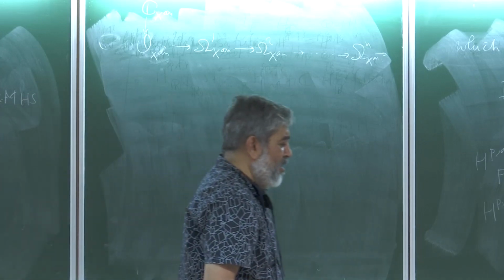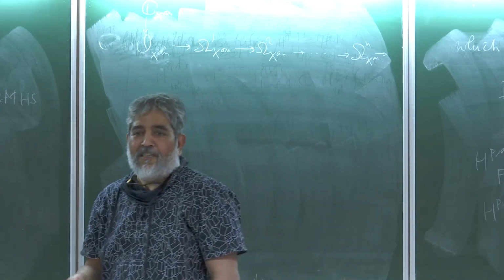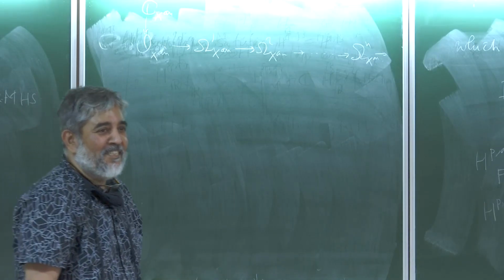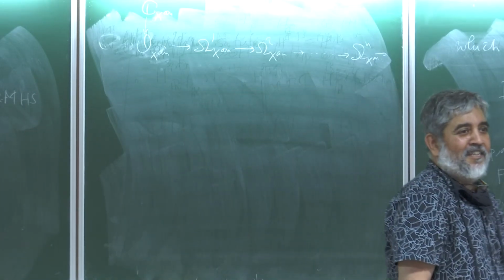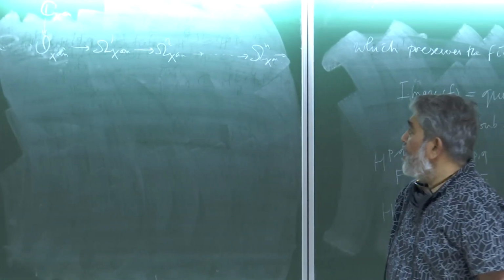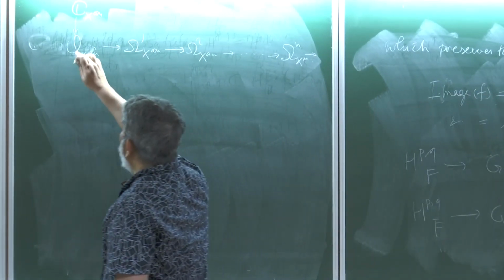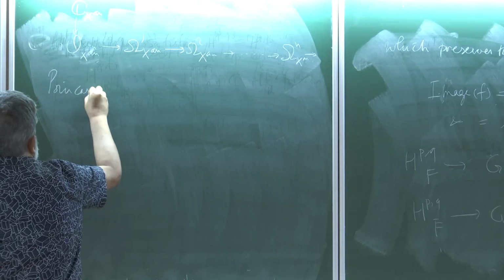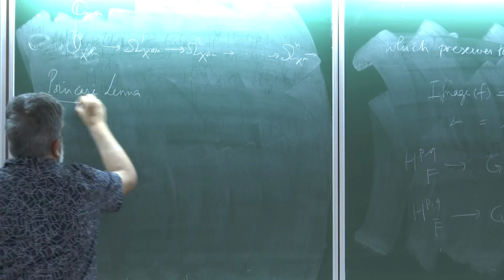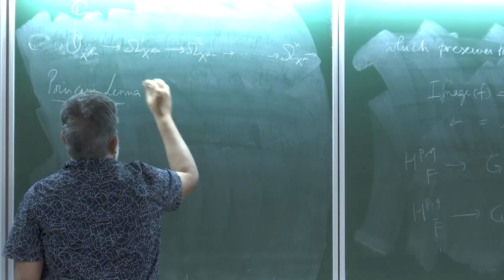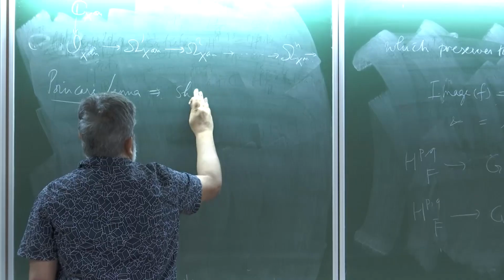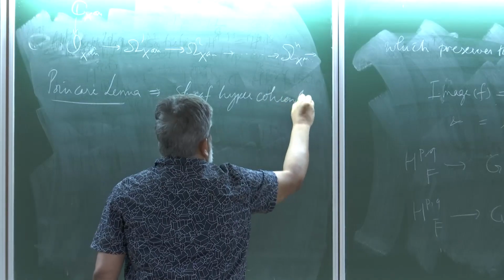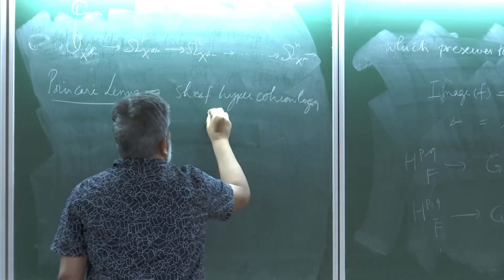It's actually just a statement about local rings, regular local rings, with convergent power series. Which is to say that this is a quasi-isomorphism. So the Poincare lemma says that to compute this cohomology, it's enough to compute what is called sheaf hypercohomology of this complex.